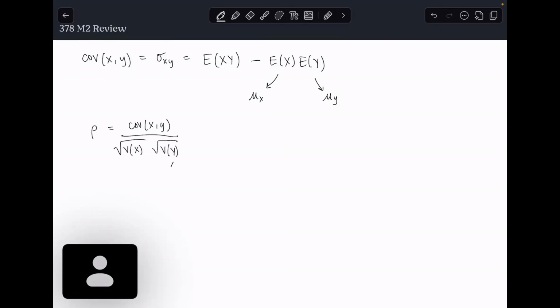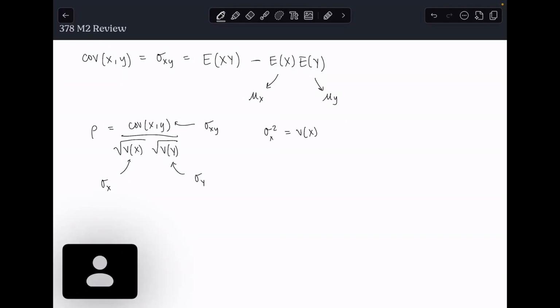You might see sigma sub y and sigma sub x to denote the standard deviation of x and y, and this is sigma xy, like we said. If you see sigma squared x, for example, this is the same thing as your variance of x. So don't get startled there. Those are the important formulas you need to know for correlation and covariance.